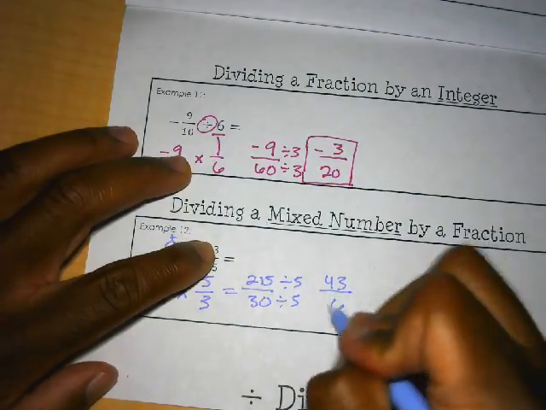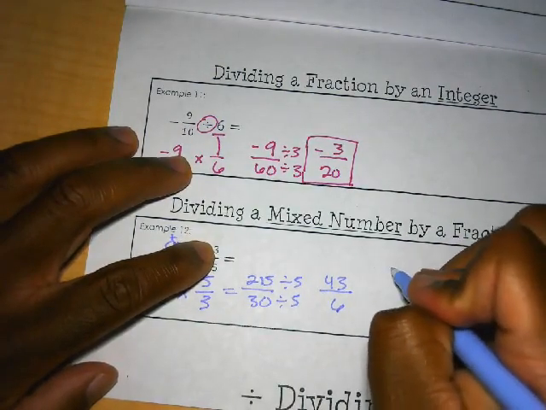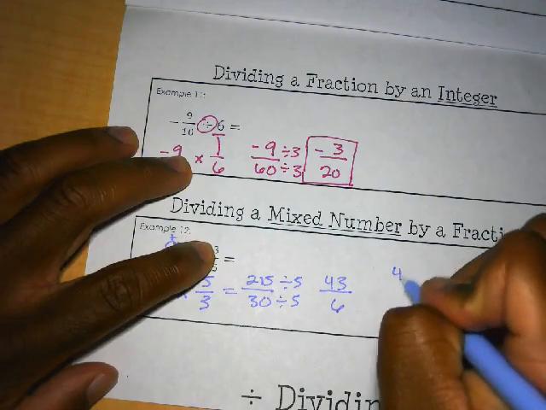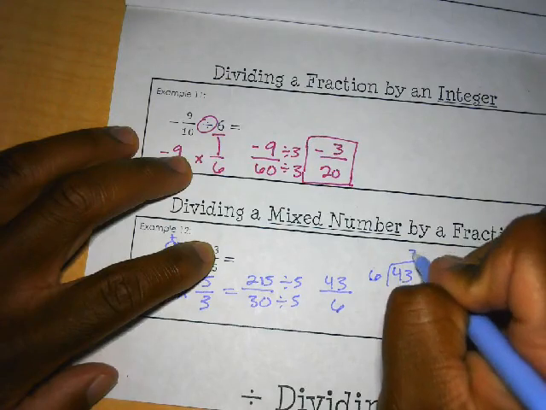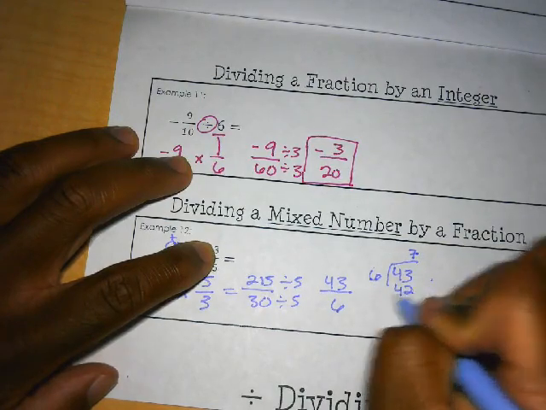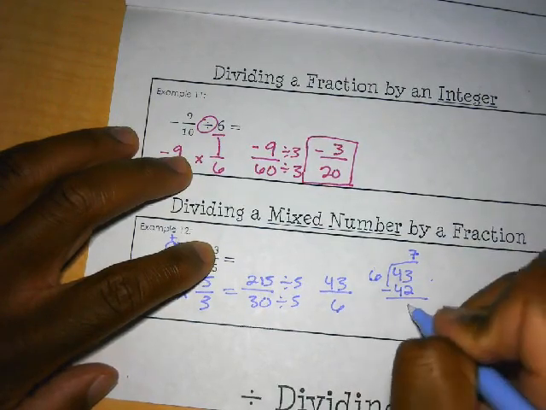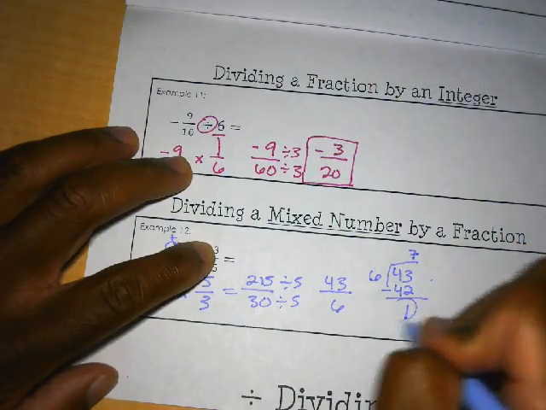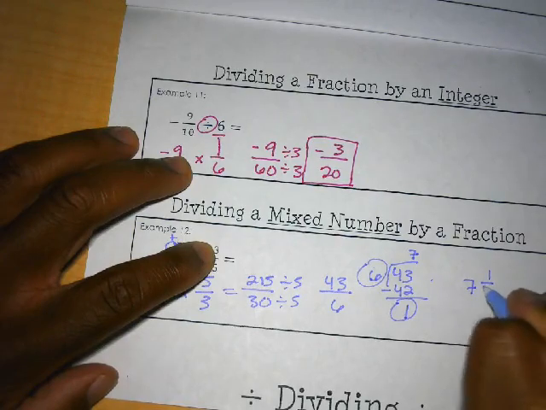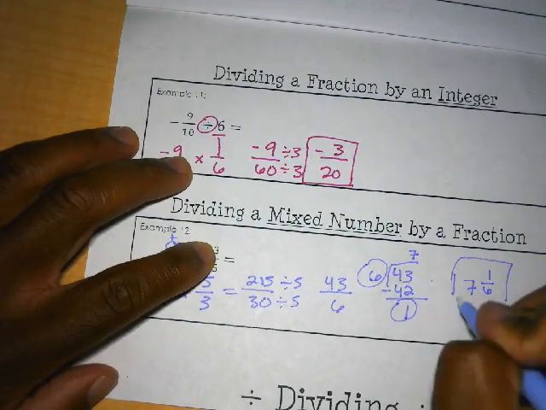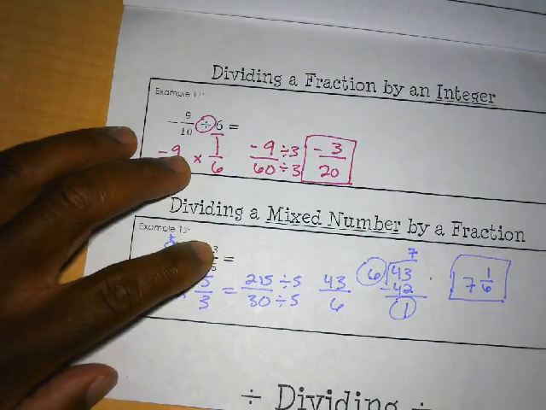And so now I have to make this a mixed number. We do 43 divided by 6. 6 goes into 43 7 times. 7 times 6 is 42. Okay, that leaves 1. So this is my numerator, this is my denominator. It's 7 1/6. And that's it.